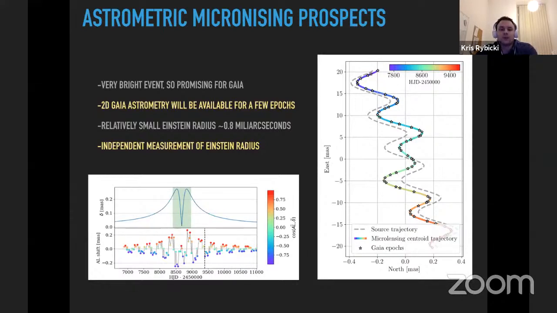So we do need the astrometric time series to be able to tell anything about this. Actually, the event was so bright that for a few epochs, I think effectively for 2 epochs, the 2D Gaia astrometry will be available because for 2 epochs, it was brighter than 13 magnitudes in G.